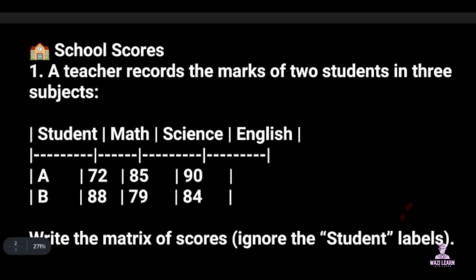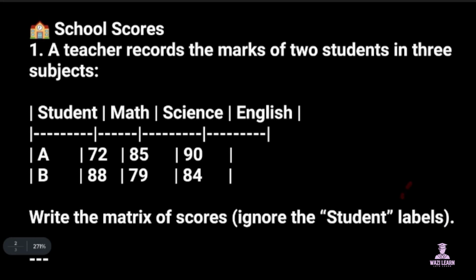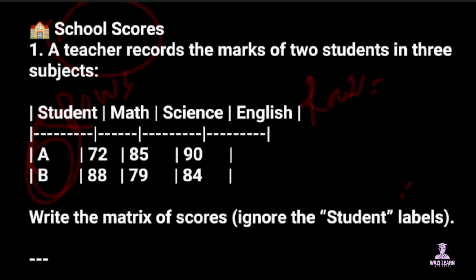Let's say we have information in table form and we are told to write it in matrix form. For example, you have school scores: a teacher recorded the marks of 2 students in 3 subjects. The number of students represents our rows. Our rows are the individual information, and there are 2 students, so our rows will be 2.